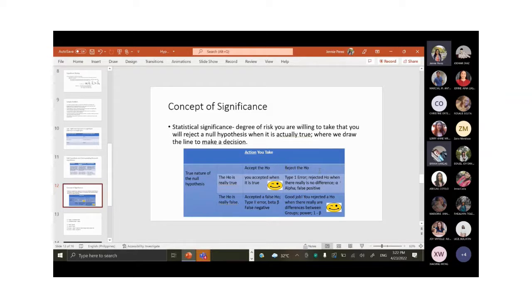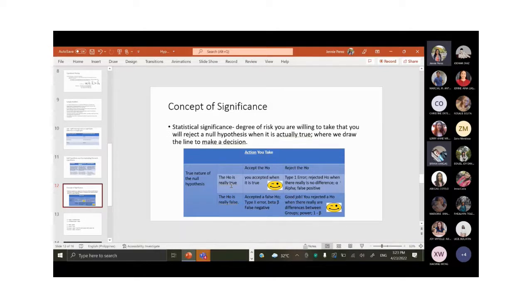So, in order to make it easier to grasp, I used the term accept. Technically, the statistical technicalities, the proper, politically correct term would be fail to reject.